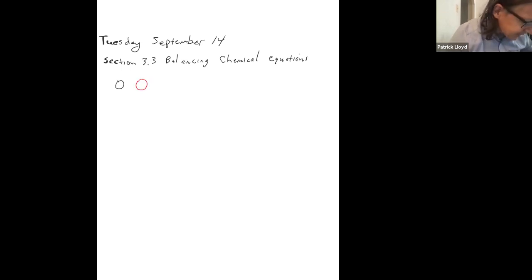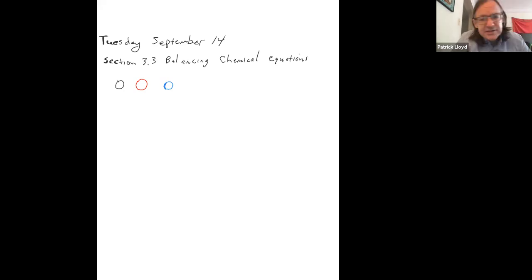I'll make it another color just to show it as being different in some way. And then here's another atom right there, so a different element, okay? So it becomes burdensome to do calculations with these representations. They're nice to look at, and sometimes we use them.